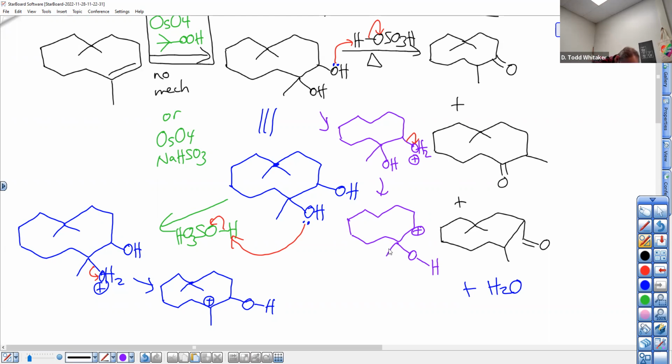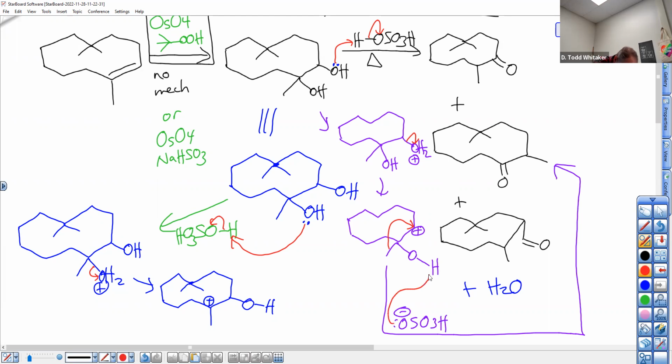There's resonance. And if we have our base ready, we can go to the product. OSO3H negative grabs H, making a pi bond after the rearrangement has happened. Good stuff.